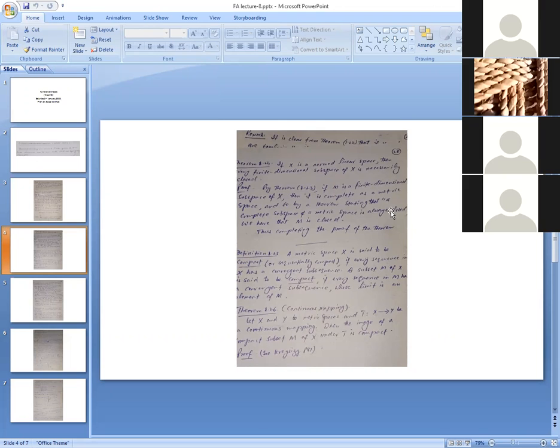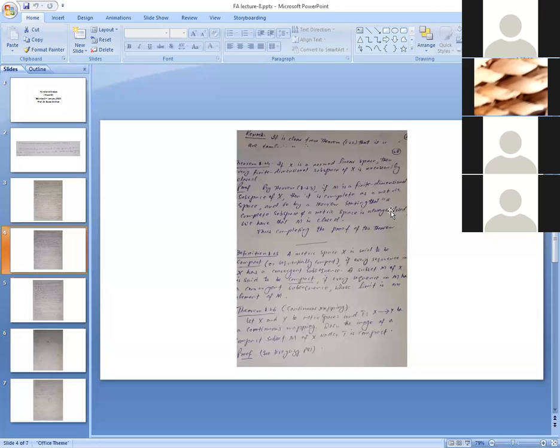Before proving the next result, we recall one definition from metric spaces. In metric spaces you must have studied the concept of compactness at BSc level and MSc or BS level. But let me recall that definition. We say that a metric space X is said to be compact, not complete.